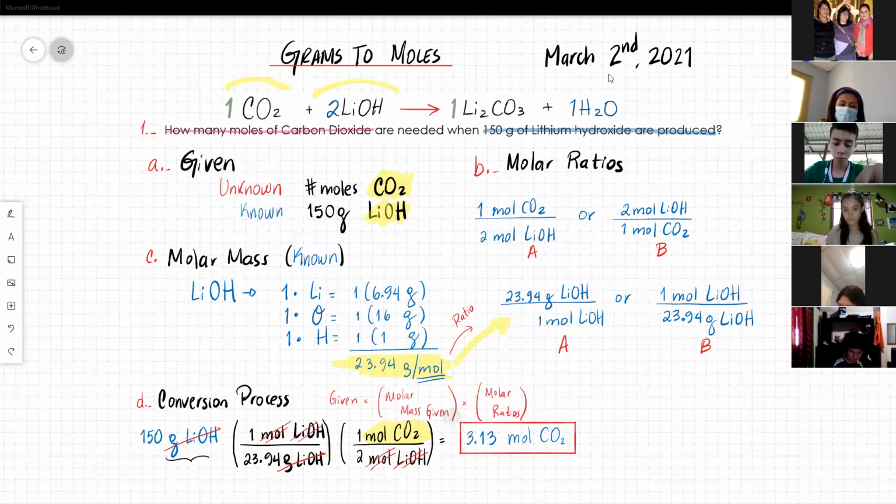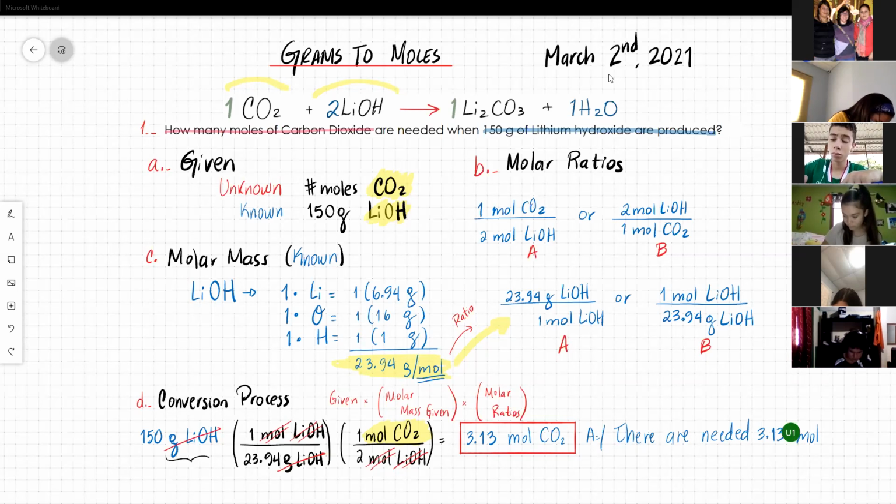Now, because the problem is asking you a question, you better answer with a sentence. The question is, how many moles of CO2 are needed? So the answer is, there are needed 3.13 moles of CO2. And voila, that's it.